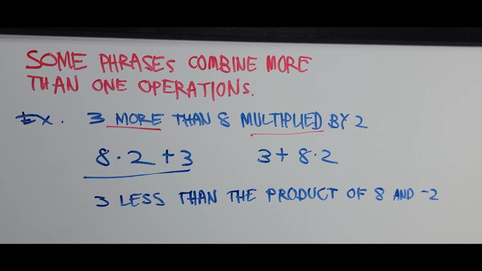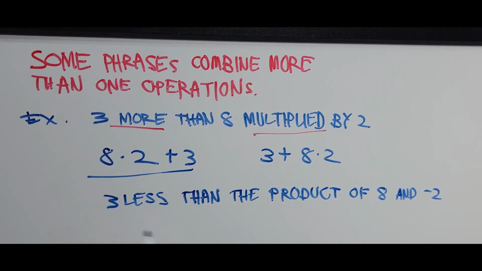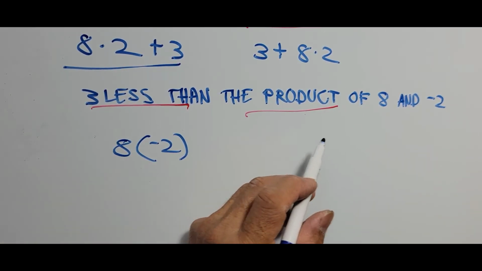Well, let's have another example of a phrase. 3 less than the product of 8 and negative 2. How would you write that down? What are the signaling words right there that signal an operation? It says less than, so subtraction right there. This is the product. What does it mean by product? It's multiplication, right? The product of 8 and negative 2.